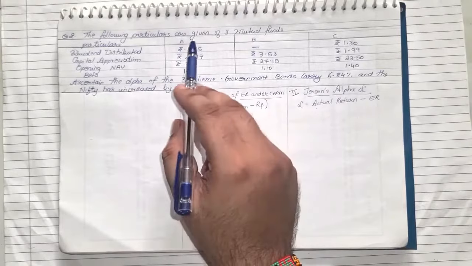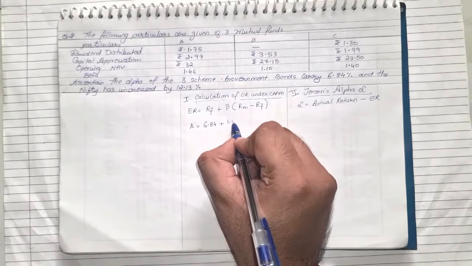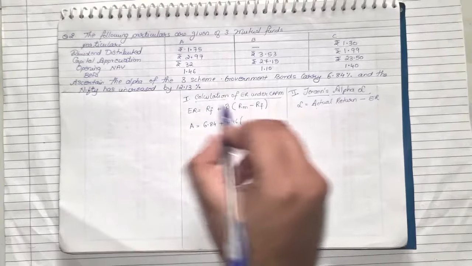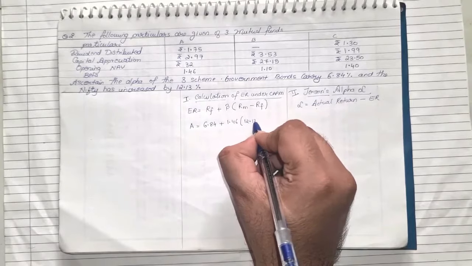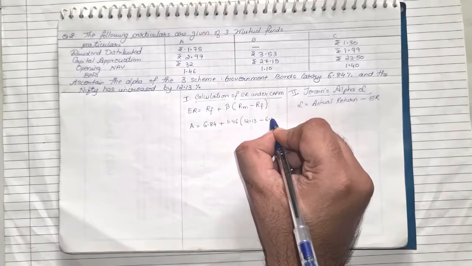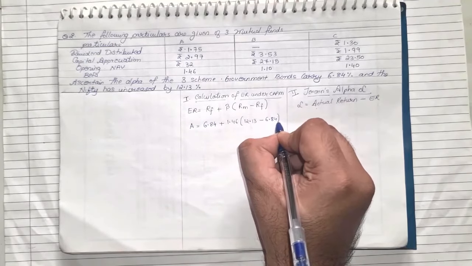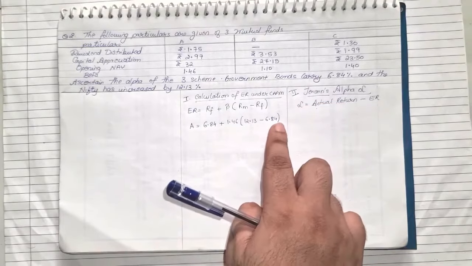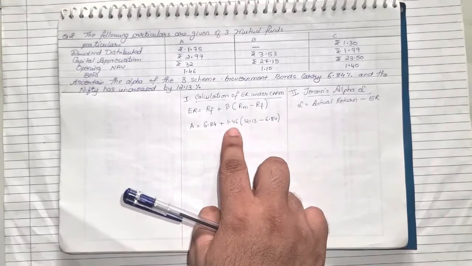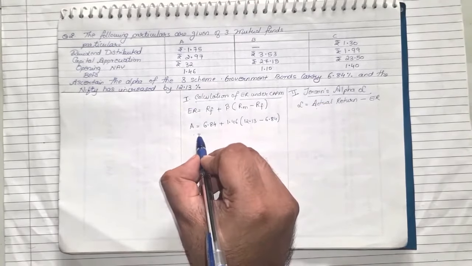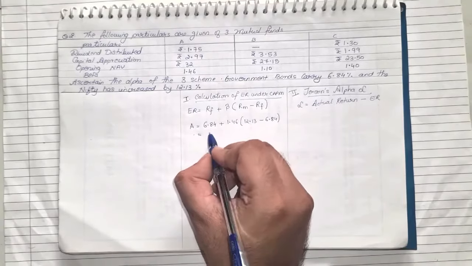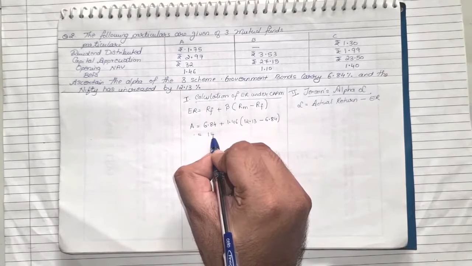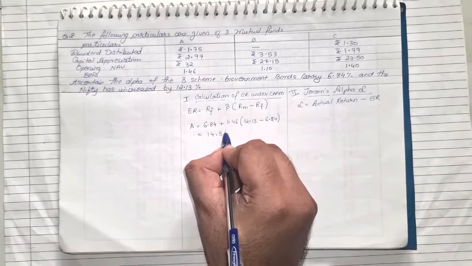Now beta for A is 1.46 into market return, that is your Nifty, minus the risk-free return, that is 6.84. So now we will first subtract, multiply, and then add it to 6.84. So the answer will come approximately 14.56%.